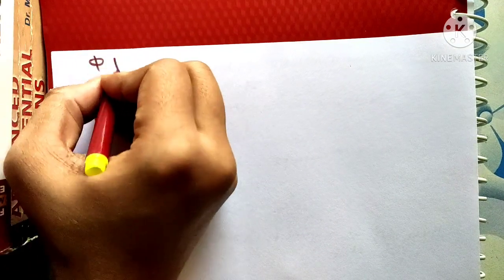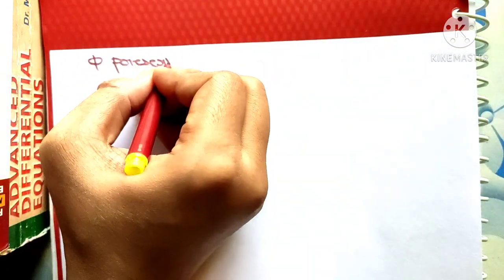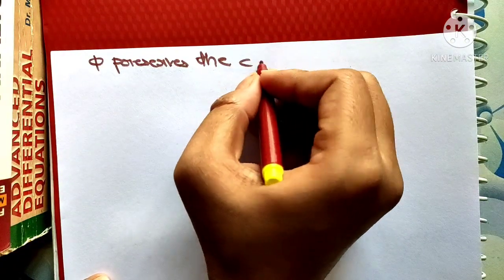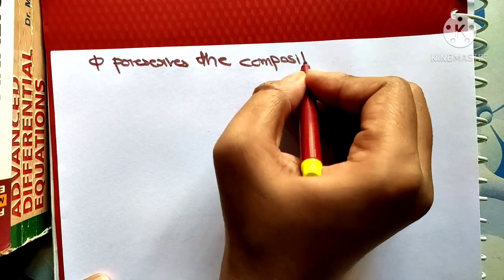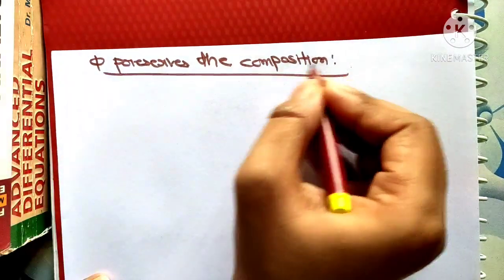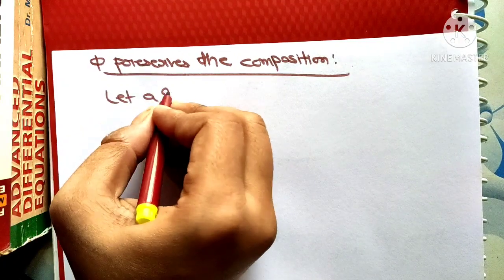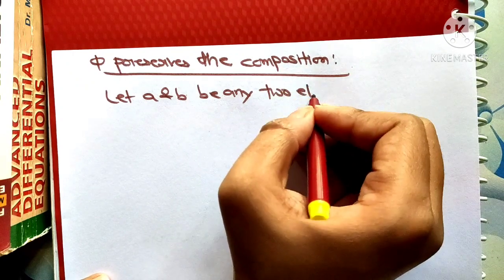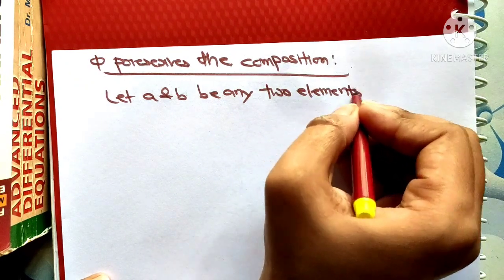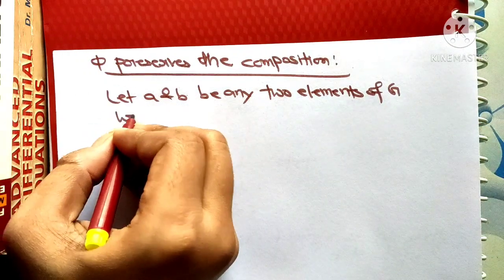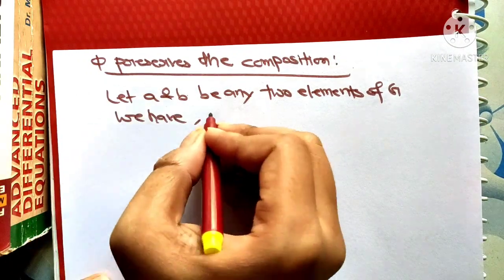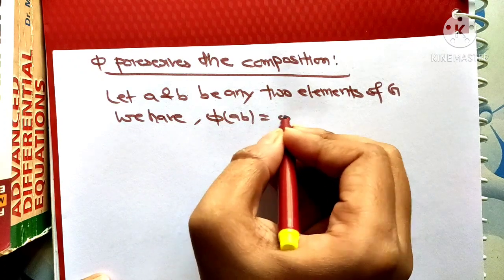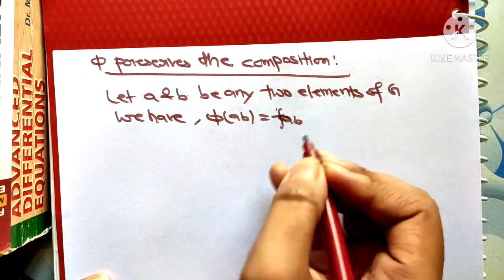And now the last step is we have to prove that phi preserves the composition. Let A and B be any two elements of capital G. We have phi of AB is equal to f of AB.